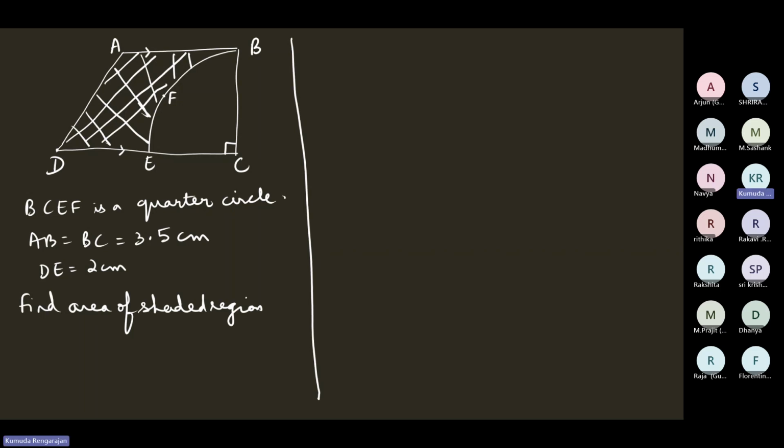So what is ABCD? It's a quadrilateral, but give a special name to the quadrilateral ABCD.